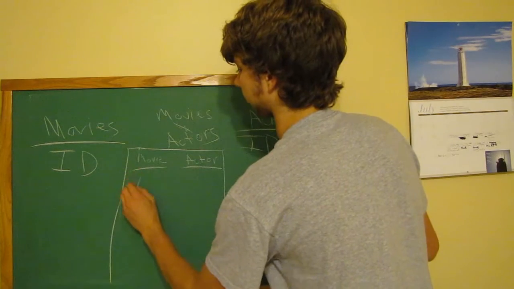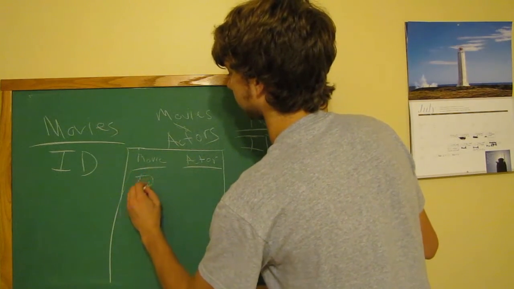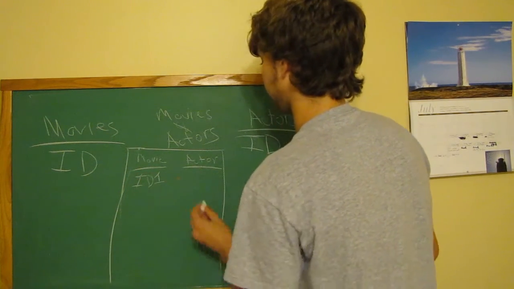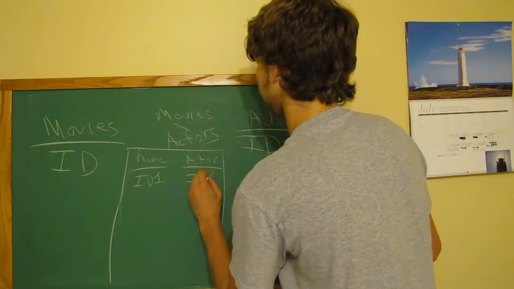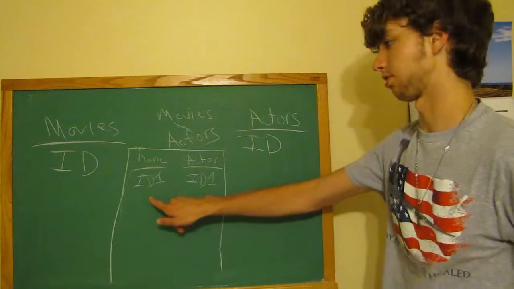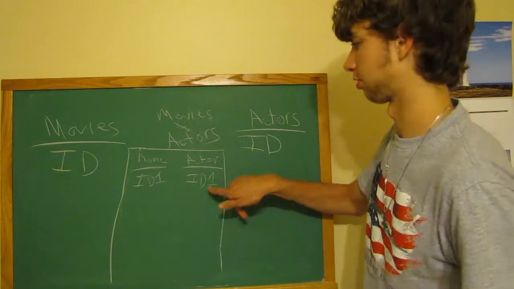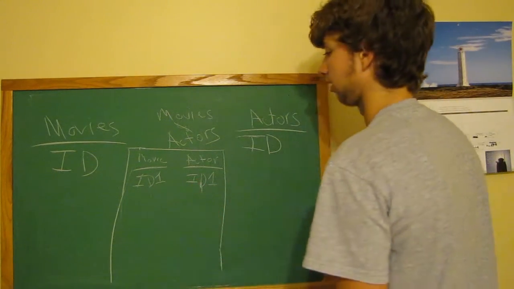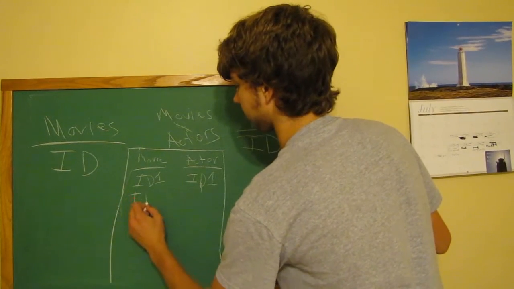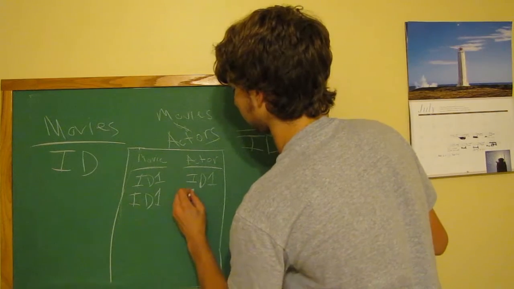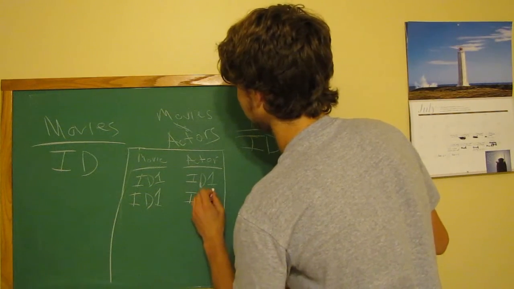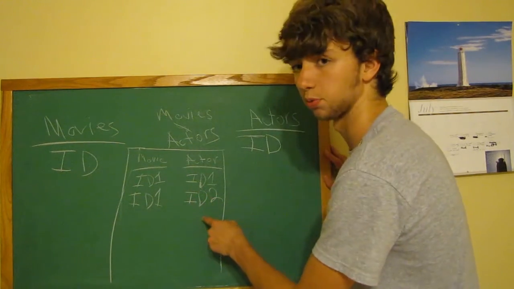And then it has, for example, ID 1, and then the actor ID 1. So that would be the movie Awesome, and this would be, I think his name was Jim. And then you can have ID 1 again, and then this would be ID 2, which would go to the next one.